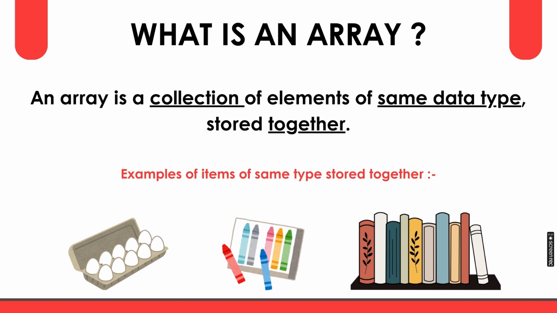So this is an array. It's a very general meaning of what an array is, and we will keep the same meaning in programming also. But why do we need arrays in programming?